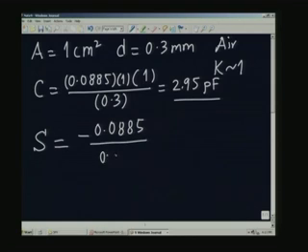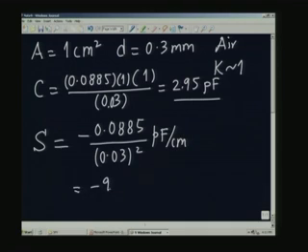So, this becomes 0.03, this should be 0.3 millimeter, I have to make it 0.03, whole square. This will be in picofarads per centimeter. This comes to about minus 98.33 picofarad per centimeter.